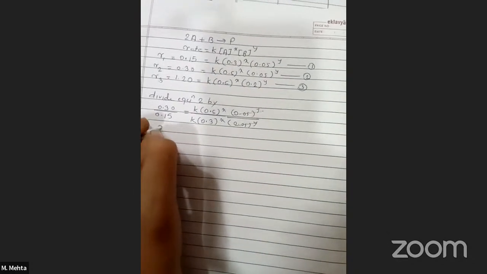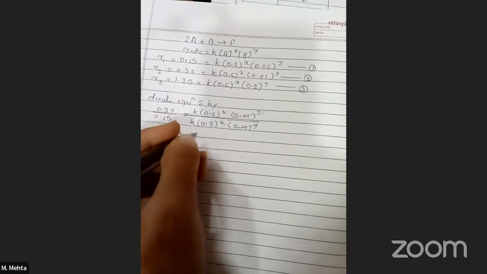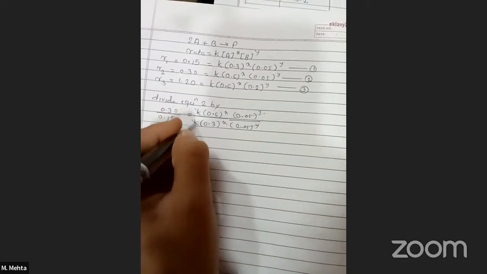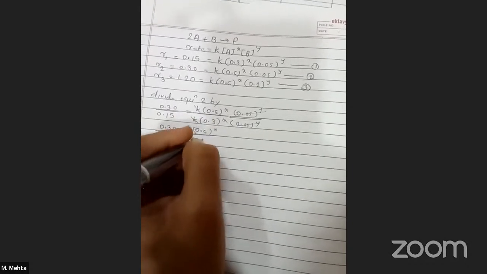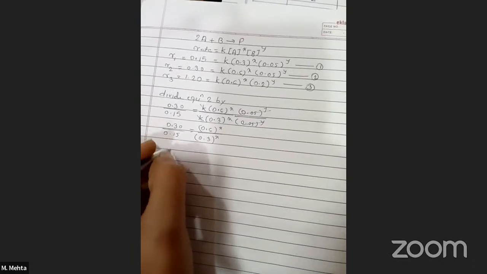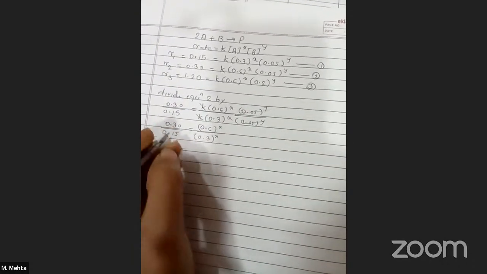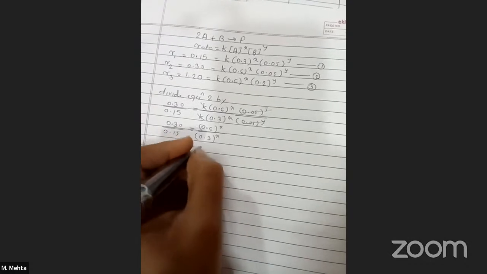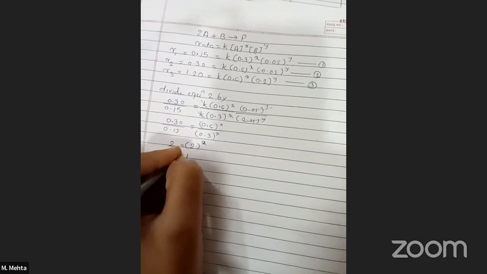So the remaining equation is 0.30 upon 0.15, K also gets cancelled, 0.6 raised to X and 0.3 raised to X. So 0.30 upon 0.15 is 2, equal to 0.6 upon 0.3, 2 raised to X. So here the value of X will be 1.